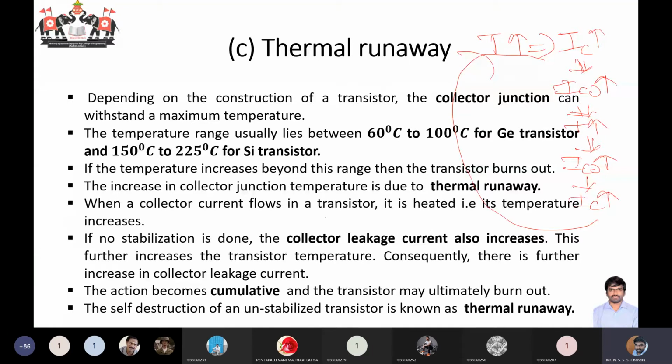Because of this continuous increase in temperature, at one point your transistor will burn out. This self-destruction of an unstabilized transistor is known as thermal runaway. You are not destroying the transistor externally, it is destroying itself only because of accumulation of temperature, because of the changes in the current value. So we are seeing the problem.